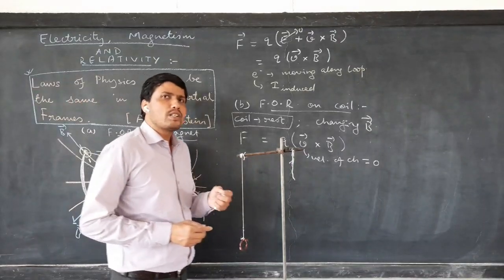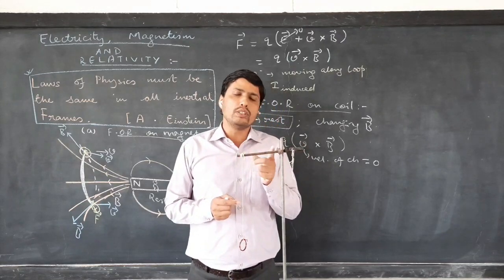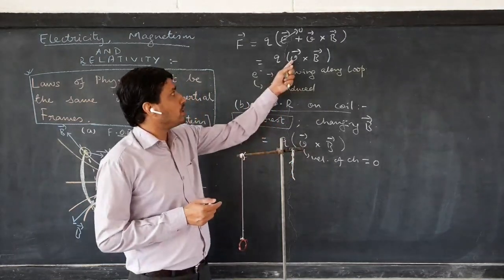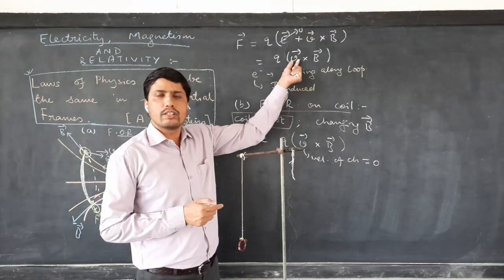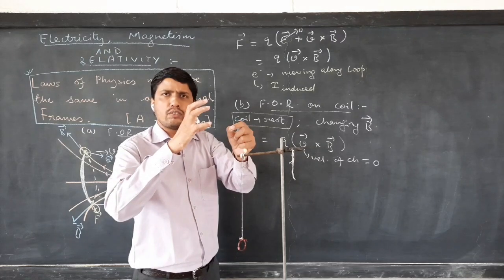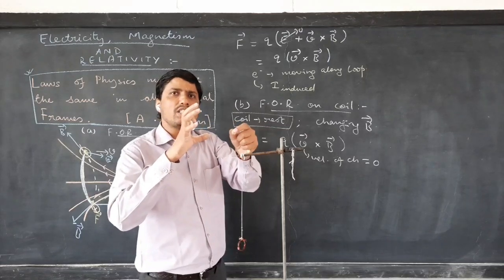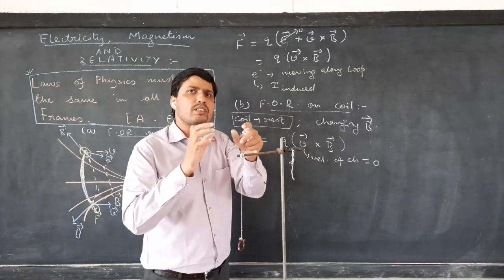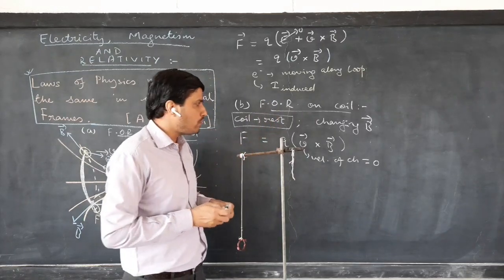We know a charged particle would experience a magnetic force only as long as it is moving. This suggests v cross B. If the velocity of the charged particle is 0, in other words, if a charged particle is at rest, I bring a very strong magnet in front of it, it will have no magnetic force on the charge. The moment the charge starts flowing, the term q times v cross B comes into existence and there will be some force.